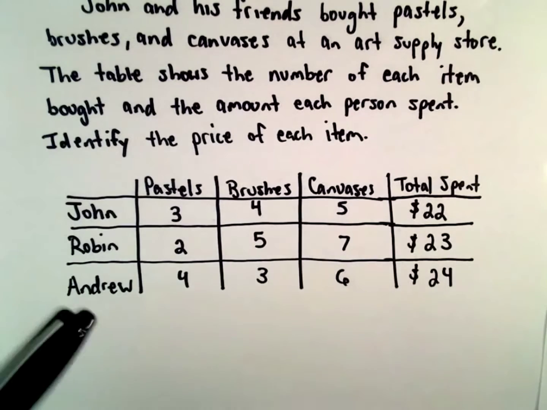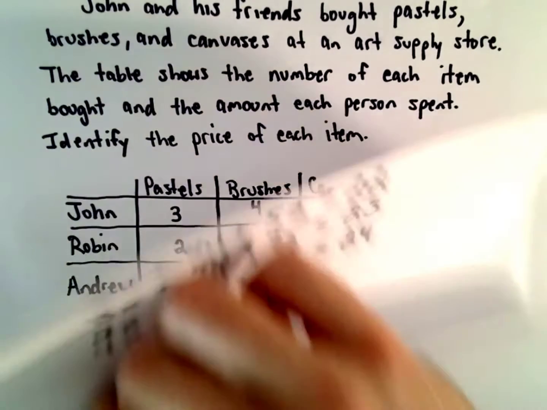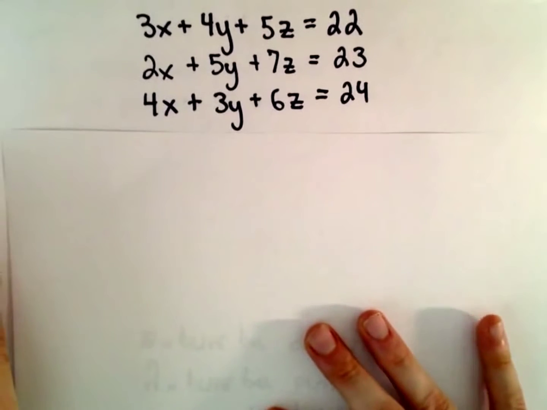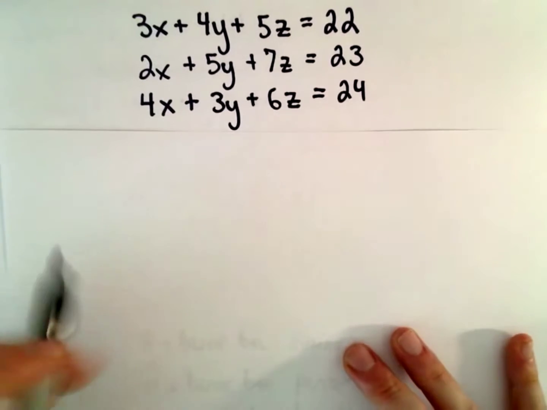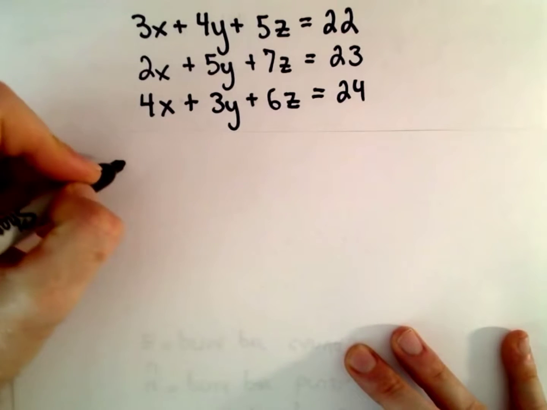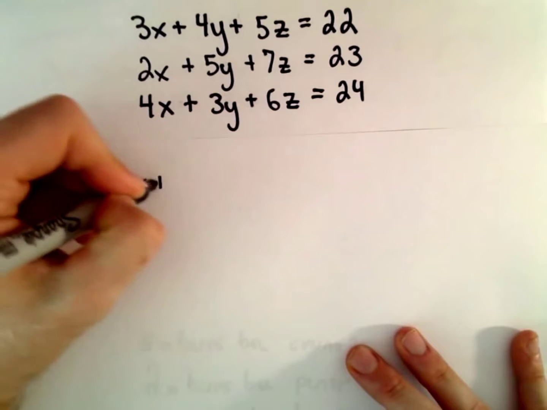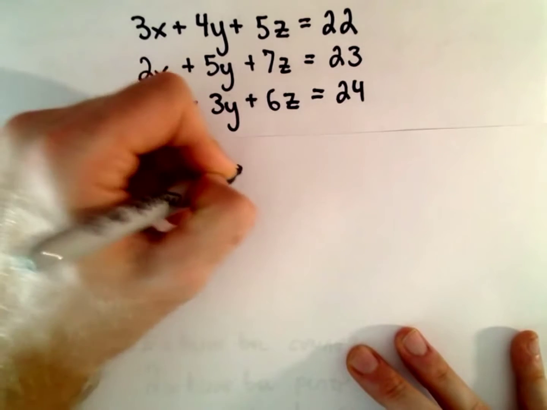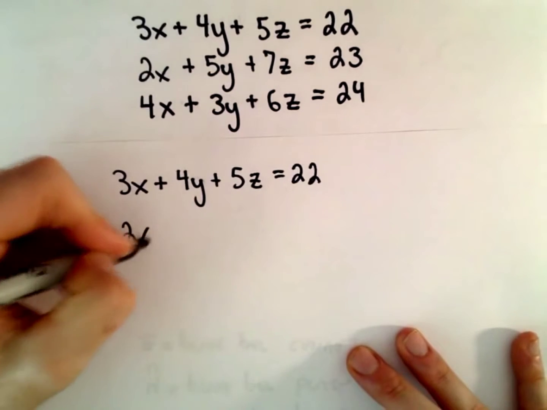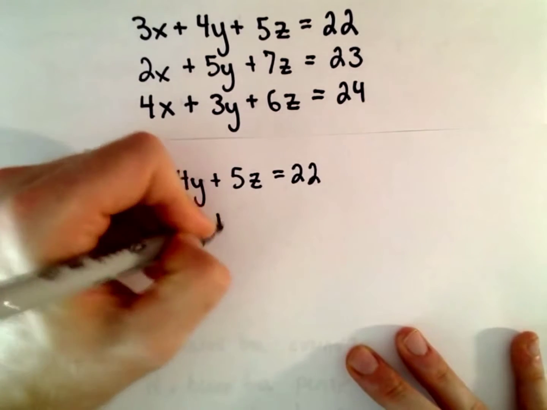What I'm going to do is create two new equations that don't involve x. So I'm going to take our first two equations. I'm going to multiply both sides of our first equation by positive 2, and the second equation, I'm going to multiply both sides by negative 3.